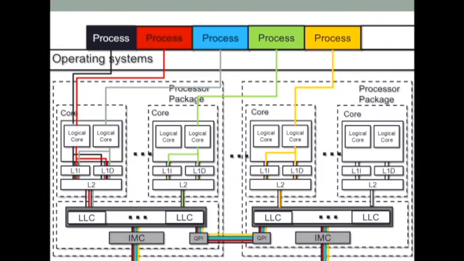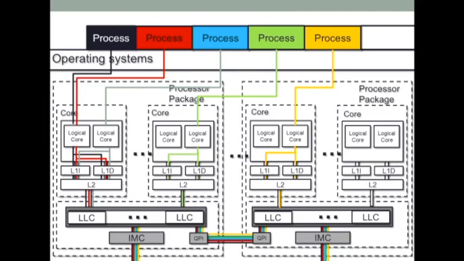Before we go on to talk about the attack itself, let's bring everybody onto the same page. Here I'm showing a diagram of a computer processor and also the DRAM memory. I hope you can see the DRAM memory here. It's not showing here, but anyway. I'm showing two processor packages, and within each package there are at least two CPU cores. On each CPU core there are two logical cores, enabled by the technology called simultaneous multithreading, or hyperthreading.